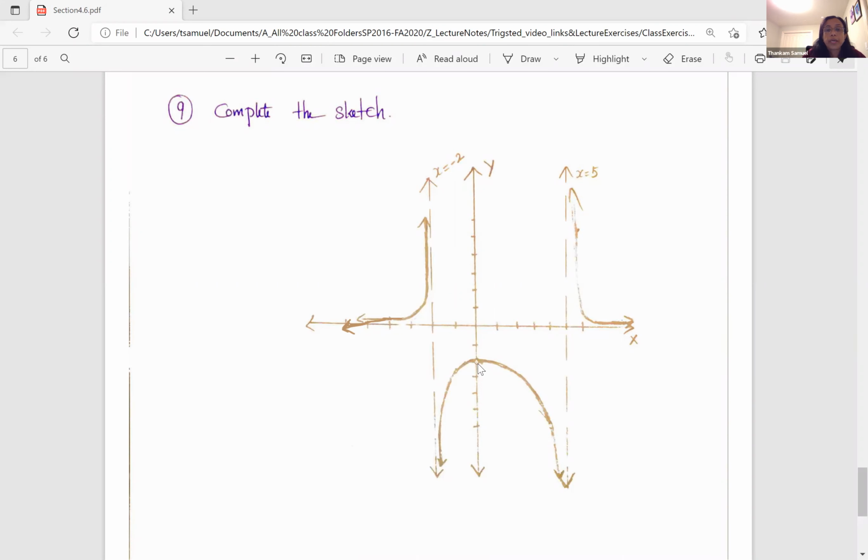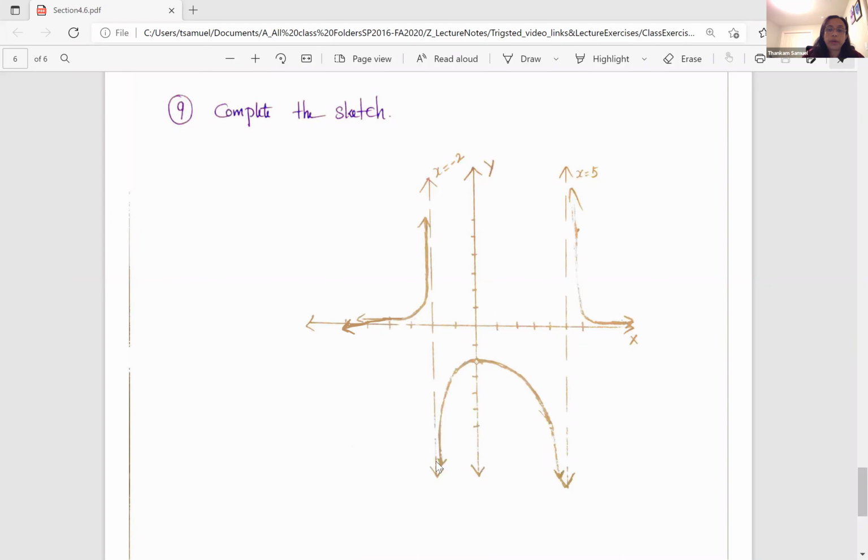And also, when you study the behavior of the graph near the vertical asymptotes, we took a point to the right of -2. As x approaches -2 from the right, you can see that f of x is approaching -infinity.